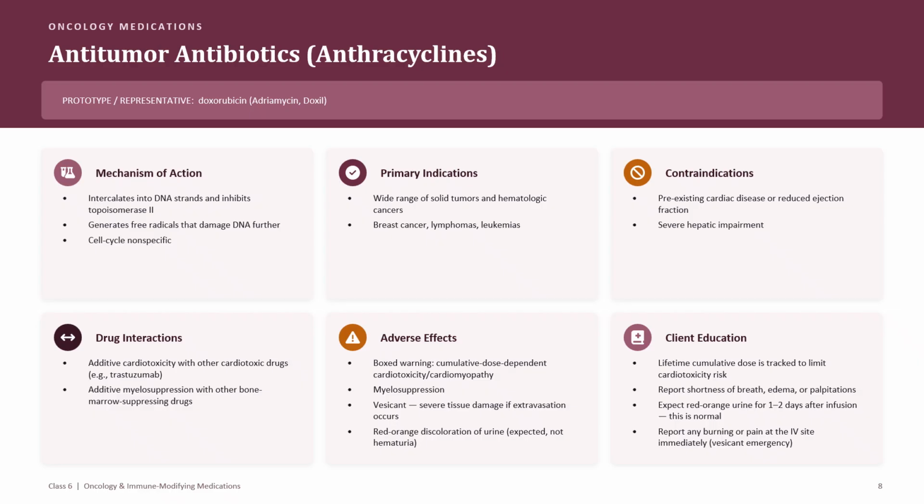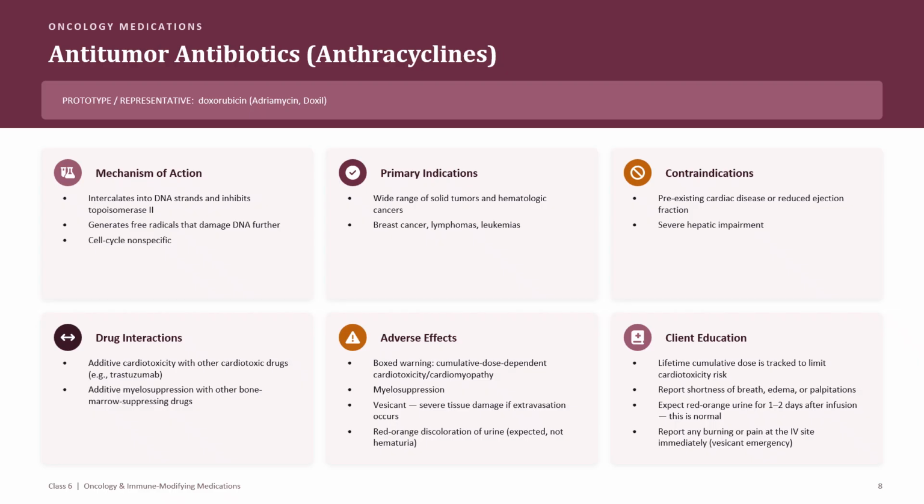So here's the part I want you to walk away understanding and not just memorizing. Doxorubicin carries a boxed warning for cardiotoxicity, and the danger is cumulative. So it's not about any single dose being dangerous, it's the running lifetime total. Picture a bank account of heart damage that never resets.